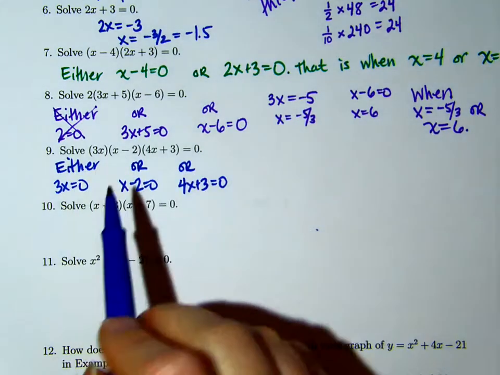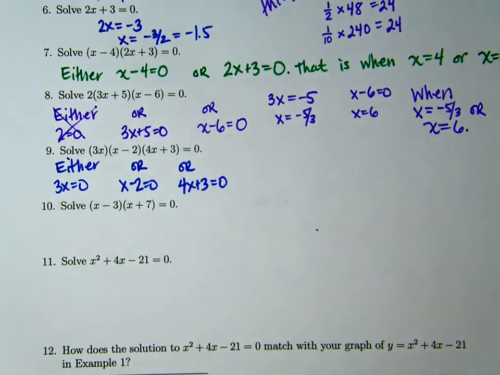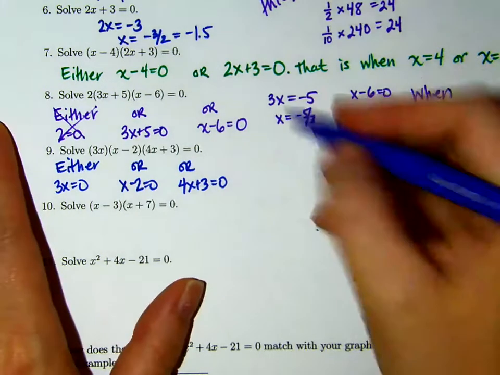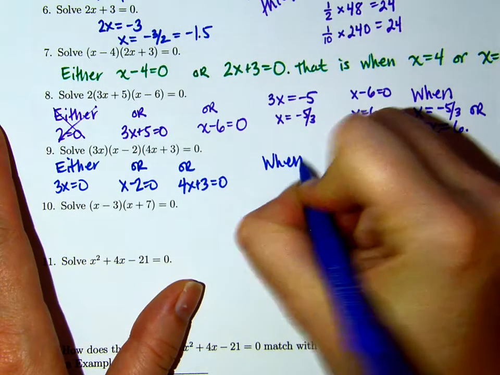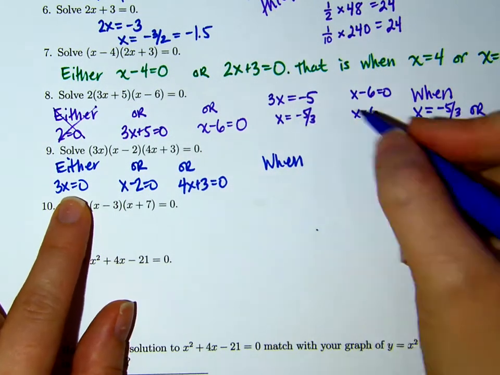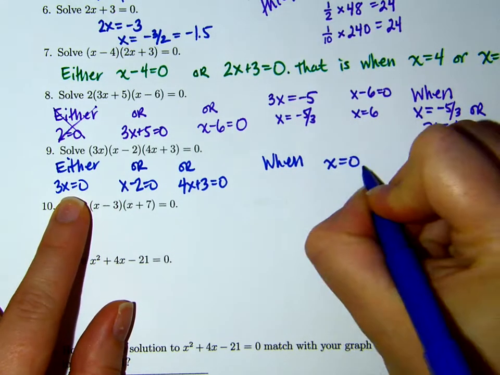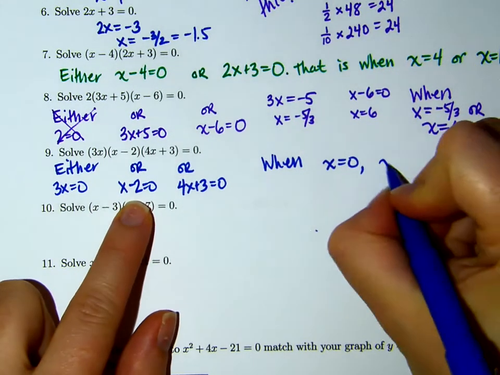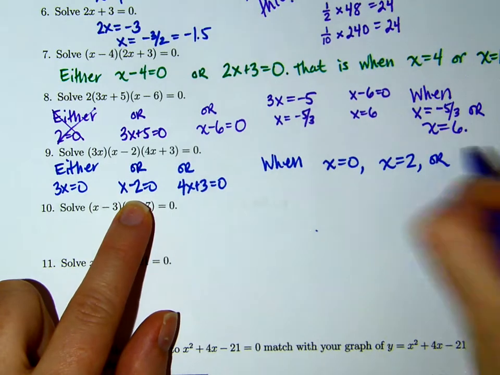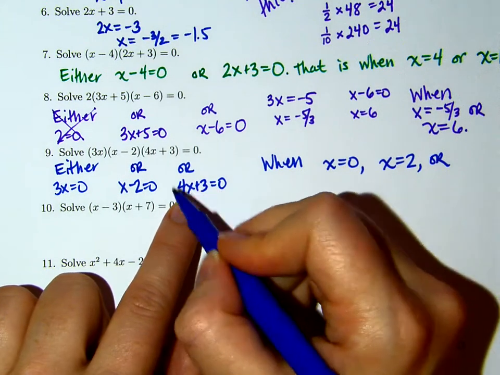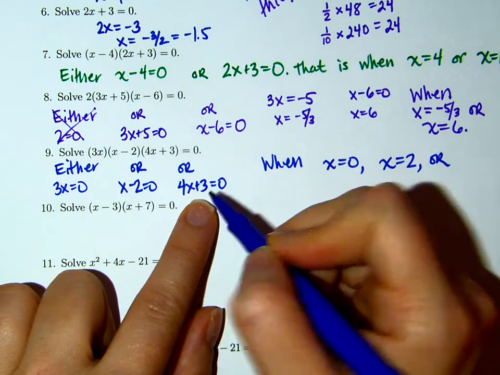If these 3 things are multiplied to get 0, one of them had to have been 0. And that happens when here x is 0, here x is 2, or let's see, 4x would be negative 3, scale it down by 4.